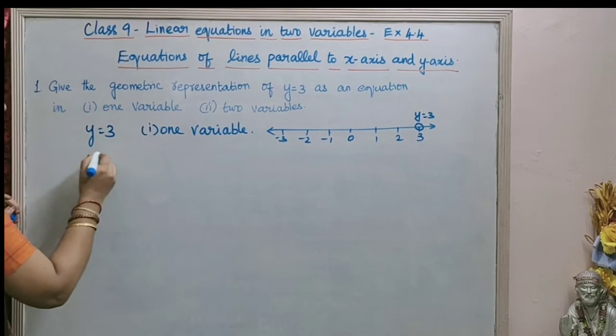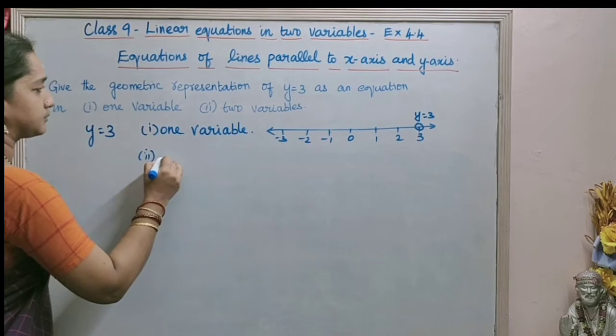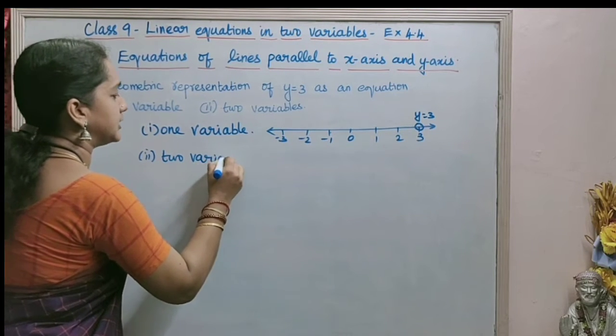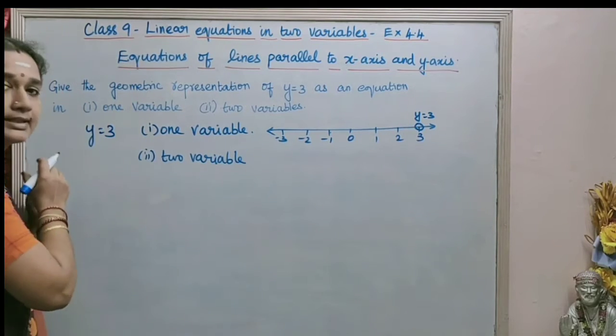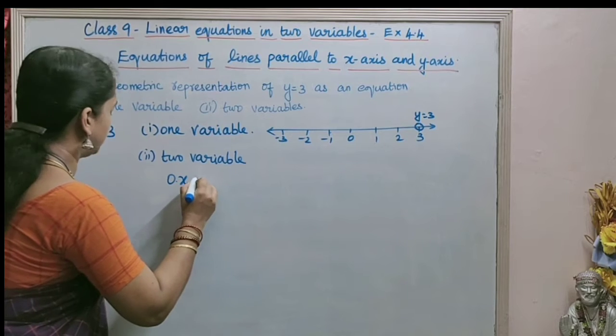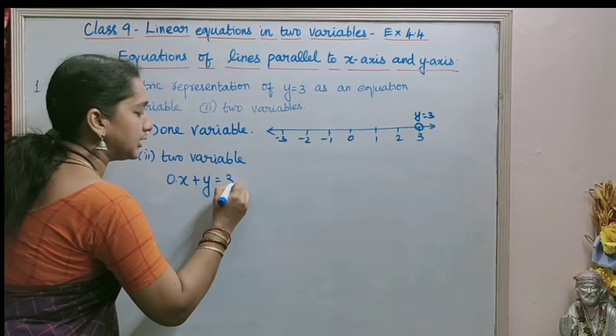So, the same thing in two variables. How will we represent this? We will represent this y is equal to 3 as 0 into x plus y is equal to 3.